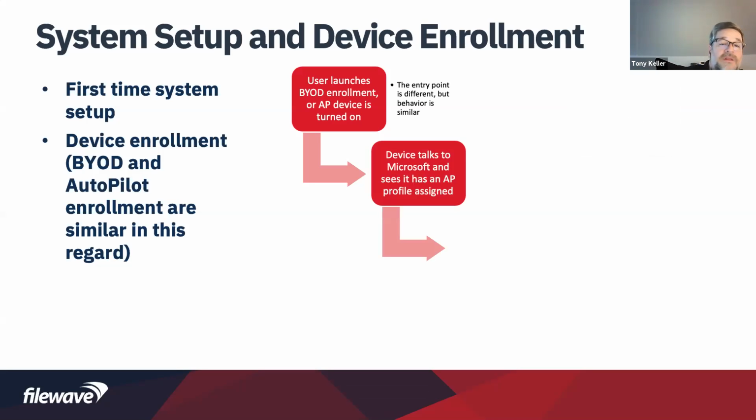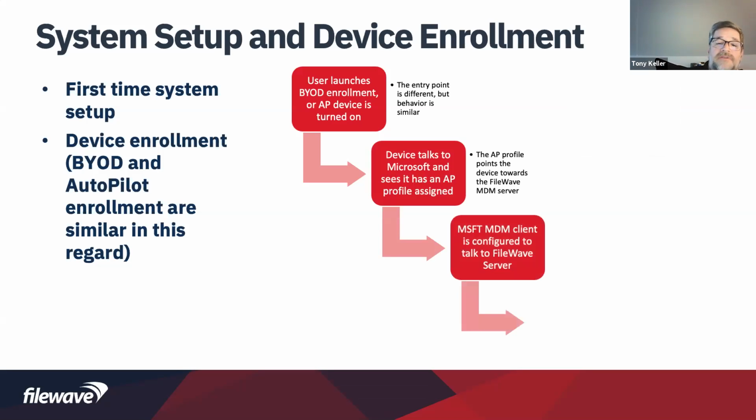At this point, the device talks to Microsoft, and again, it sees that it has an Autopilot profile assigned to it. That Autopilot profile points the device at the FileWave MDM server. This is where things deviate from the way things work with Apple and the similar program: a Microsoft MDM client is configured to talk to the FileWave server.